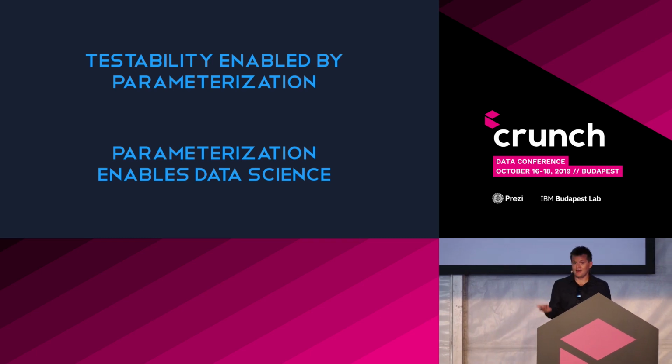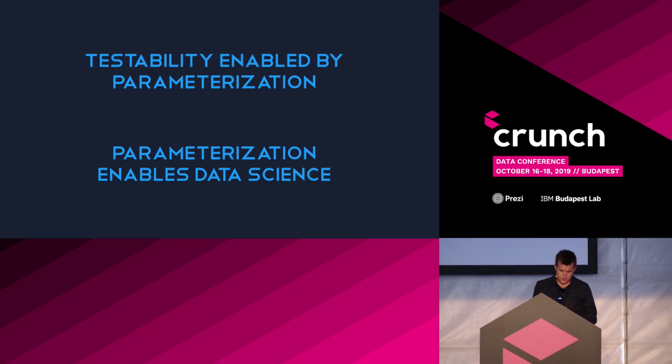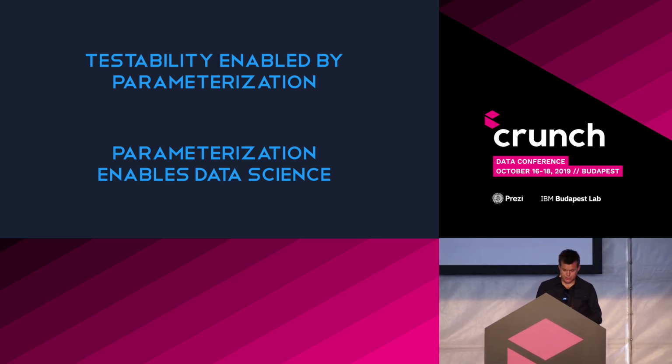It's really critical for data science workflows for these computations to be parameterized. Because in order to build a data science ML pipeline, you want to be able to run it 50 times with different parameters in order to, say, do hyperparameter search. You want to do that on the same instance of code in a verifiable way, so you have reproducibility and whatnot. So parameterization is incredibly important here.